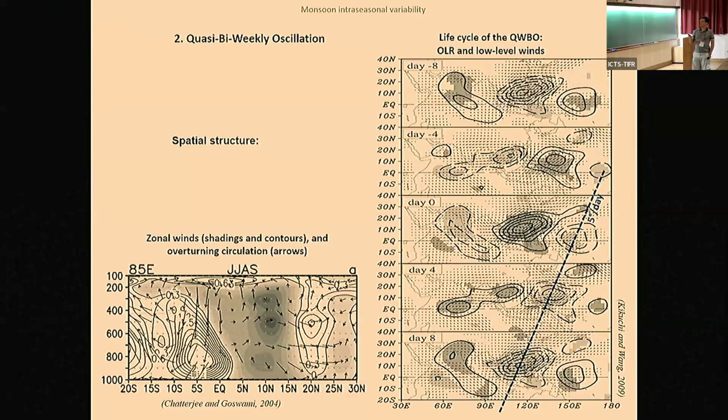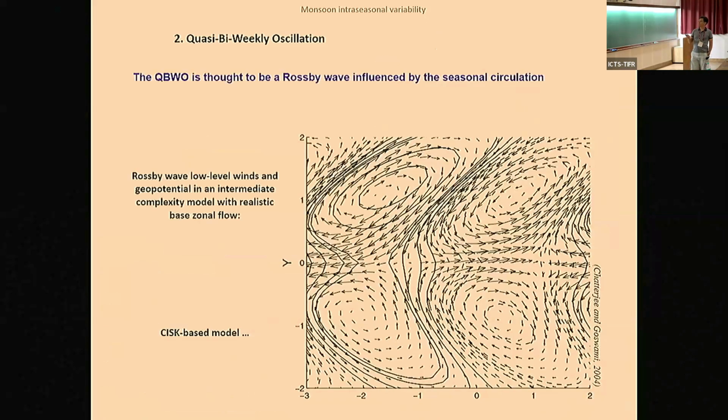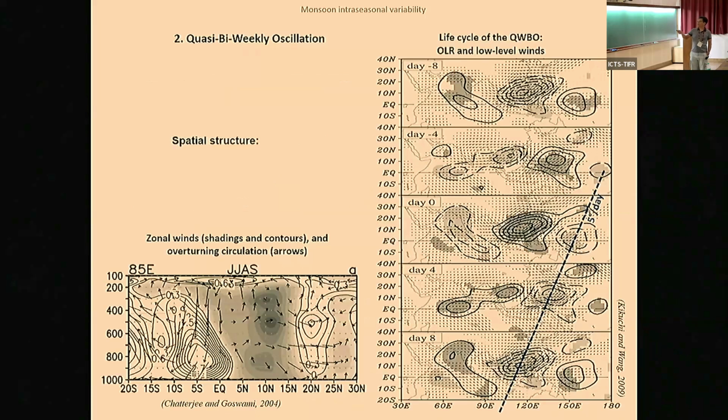This 5 degree per day propagation speed is quite consistent with a Rossby wave, a convectively coupled equatorial Rossby wave. That's often what this mode is attributed to, a Rossby wave that would be distorted or modified by the mean flow.